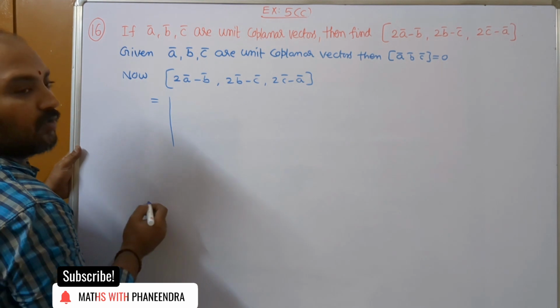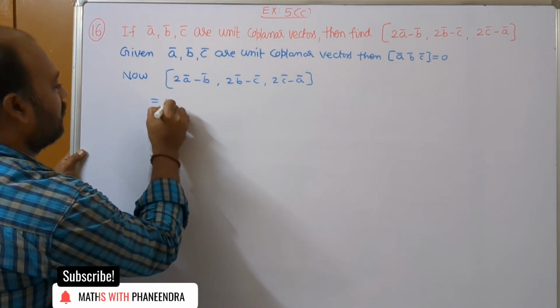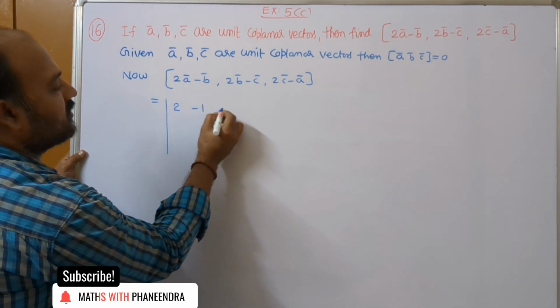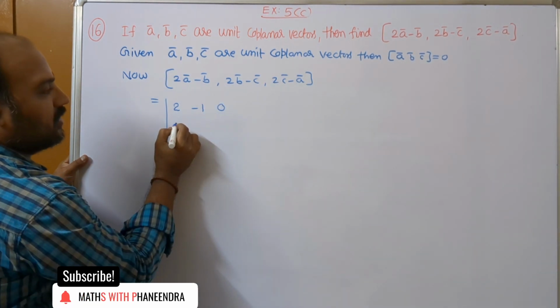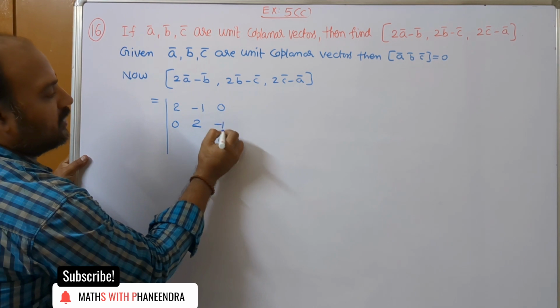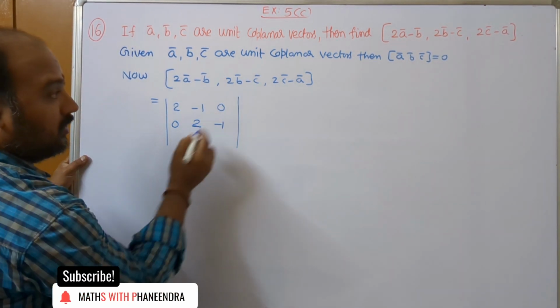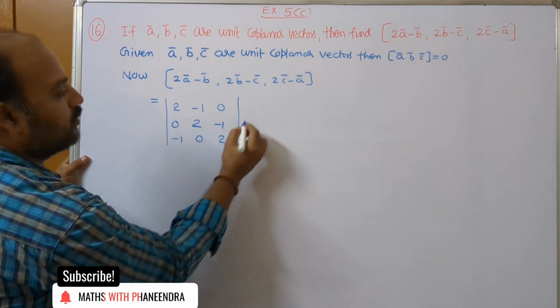So box of, here A bar coefficient 2, B bar coefficient minus 1, C bar coefficient not there. Next in the second vector, A bar coefficient not there, 2, minus 1. The third one minus 1, 0, 2.